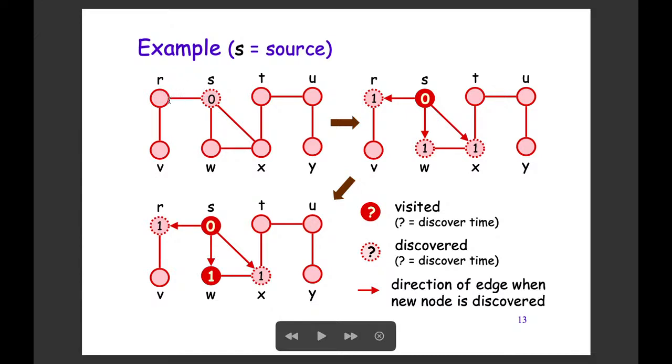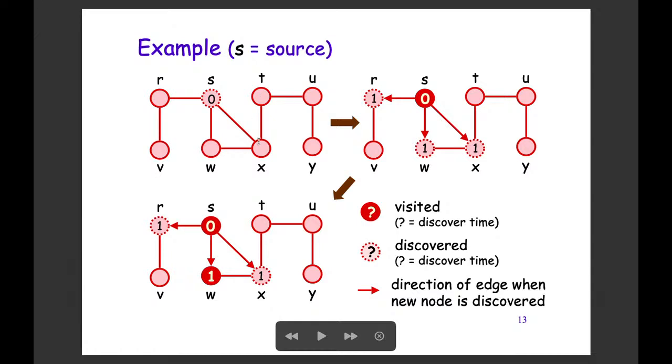So this edge is only looked at twice, and similarly, this edge is only looked at twice. The two times that we look at this edge will be when T is visited, in which case we look at all the neighbors of T, and another time when we visit X, so that all the X neighbors will be checked.